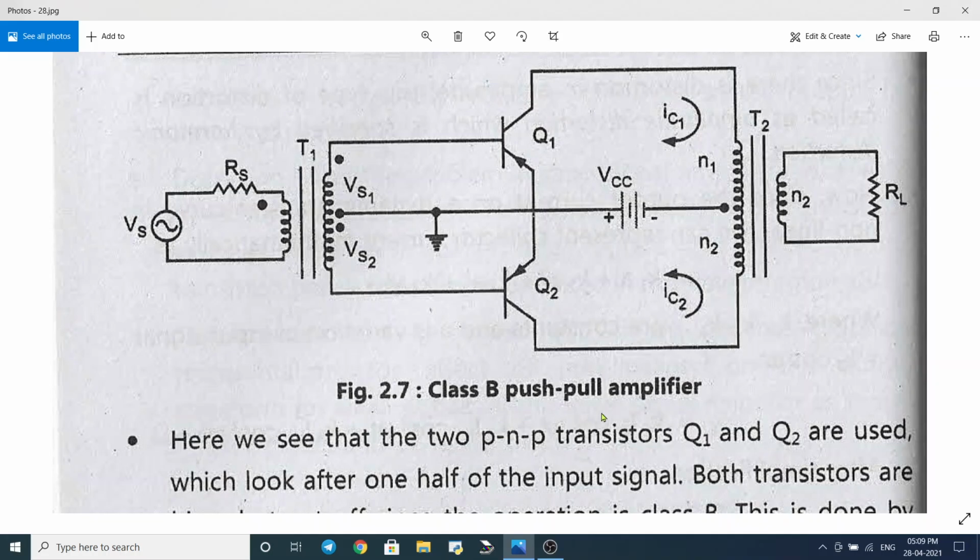This push-pull action is like the pedals of a bicycle: when one leg is in push action, the other leg is in pull action. The same phenomenon happens here. For a positive half cycle, transistor Q1 is conducting more and more. At that time Q2 is at rest or conducting less, and at the other half cycle their action gets reversed.